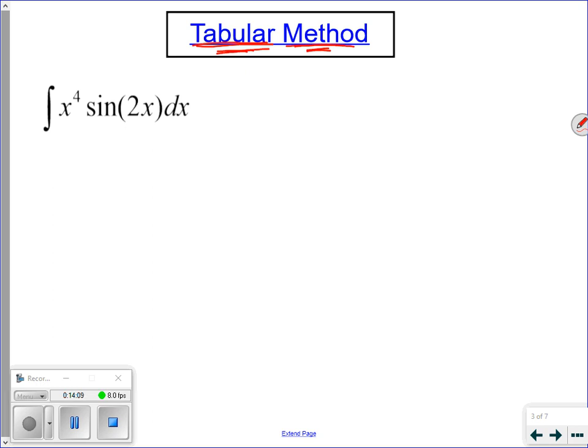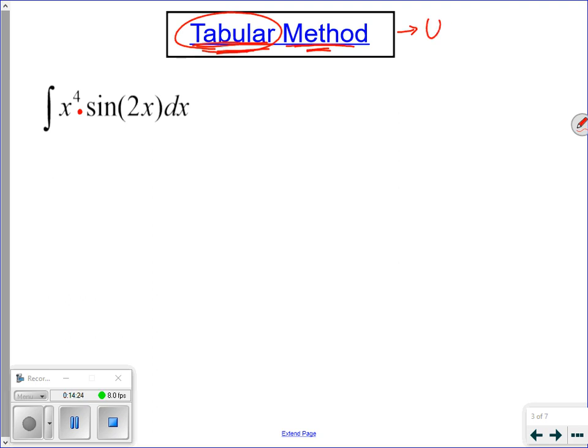Okay, this is just a simpler way to set up the problem. This happens whenever u is a polynomial, when it's combined with either trig or exponential. So I'm going to make a note of that over here.